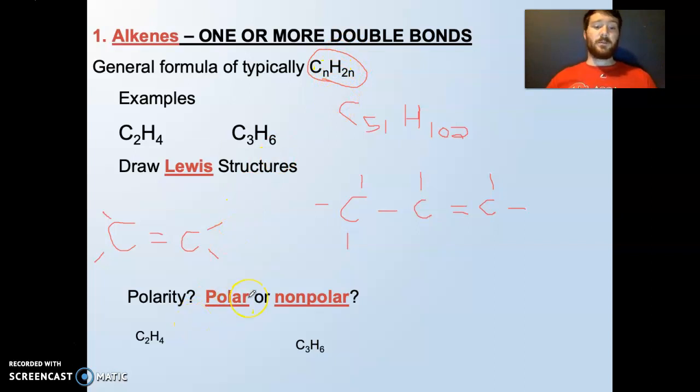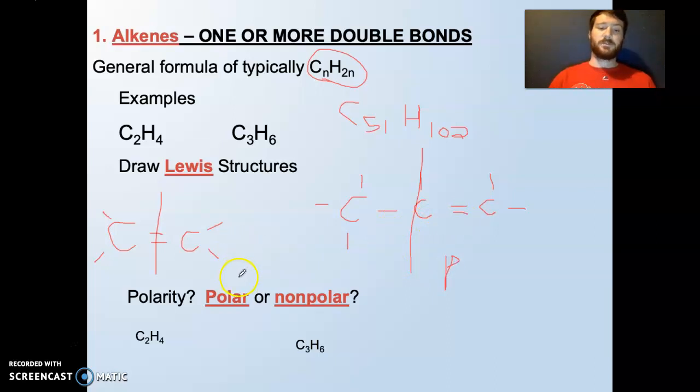Let's talk about polarity. Remember, polar is something that is asymmetrical. Nonpolar is something that's symmetrical. Put a line down the middle. Polar or nonpolar? That is nonpolar. It's symmetrical on each side. However, well, that's a bad line down the middle, but take a look. It's different on each side. That means it is polar.